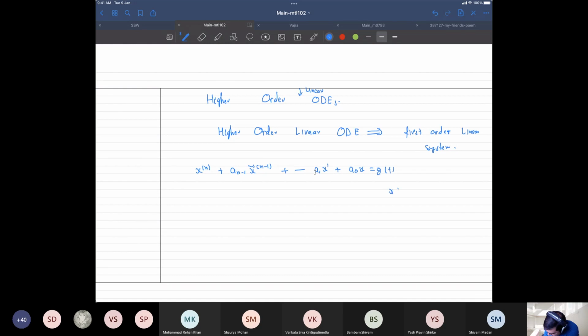Here x is a scalar function from ab to R. Okay, then you can convert. So this is a linear ODE of order n. Okay, and then you can convert it into a system.